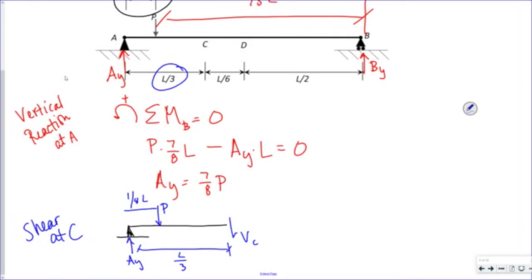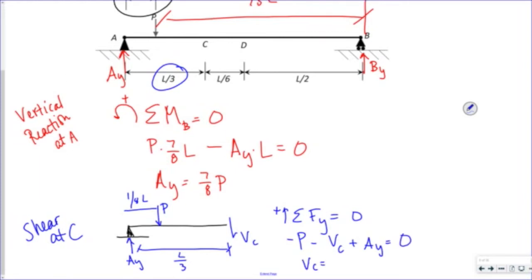All right. Sum of the forces in the y direction is 0. I have minus P minus VC plus AY is equal to 0.